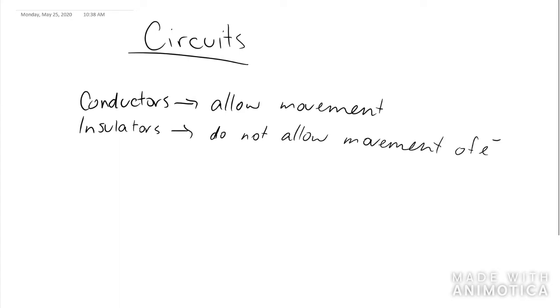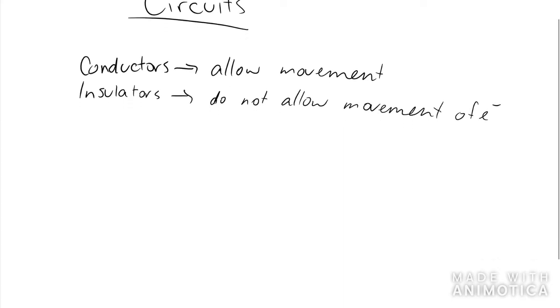The reason why we're talking about this is because last week we talked about static, and static tends to stay still, really. That's what static means. Whereas we're going to be talking about circuits, and circuits are the moving of the electrical charges. Moving electrical charges form a current, electric current.